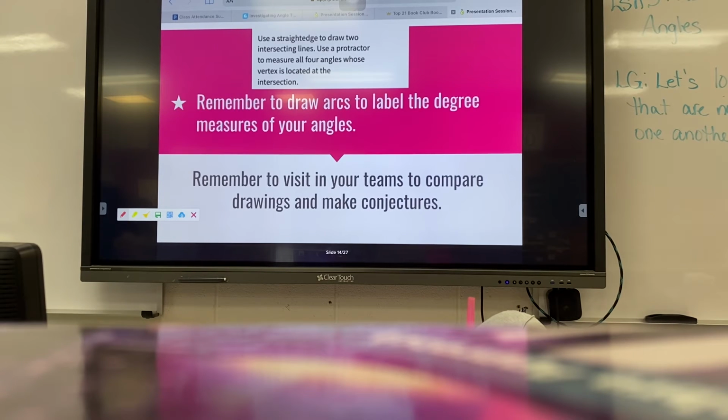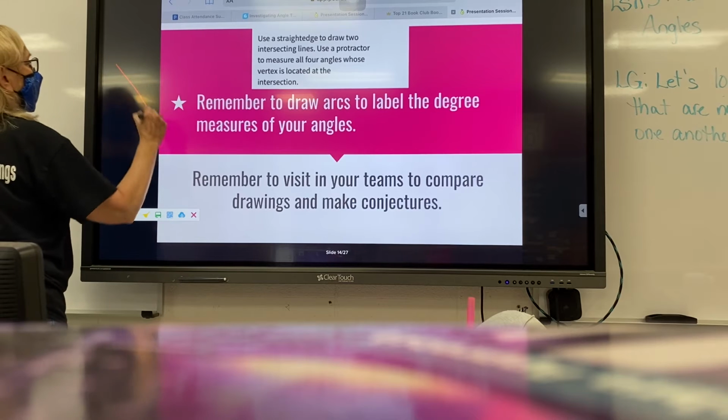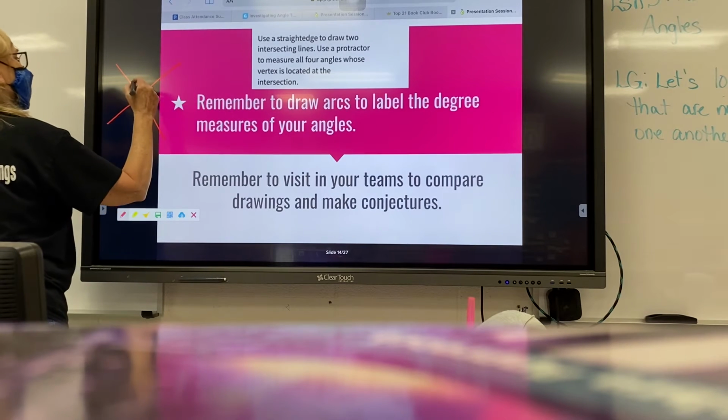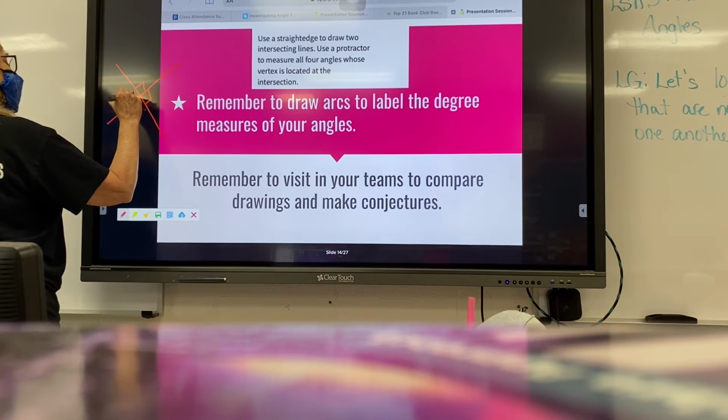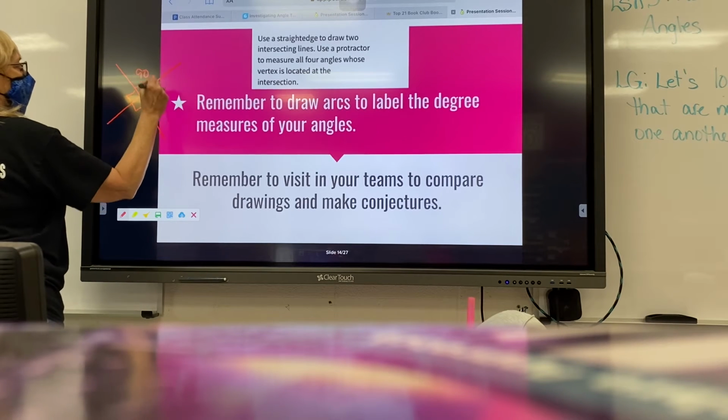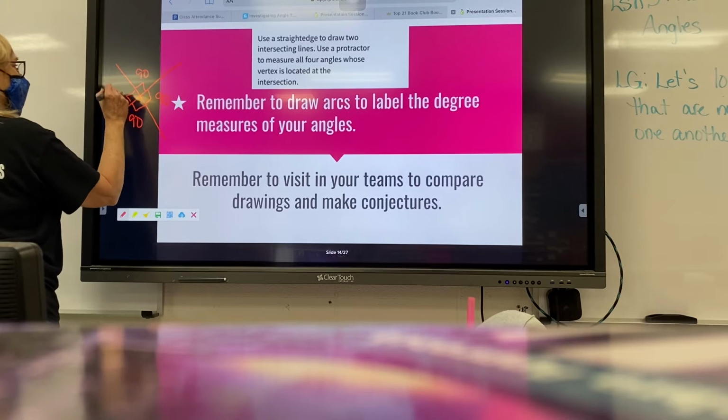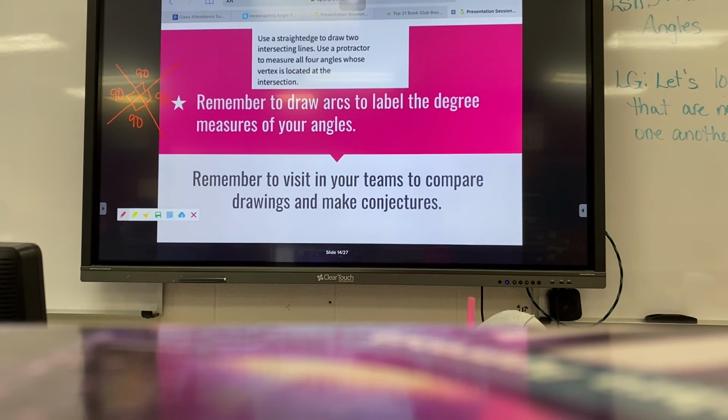What were yours? So what was the angle measurement here? You write your angle measurement in the middle of the angle, right here. It's 50 degrees here.